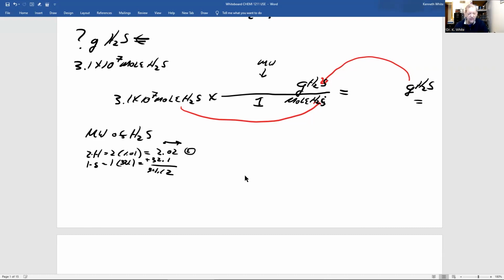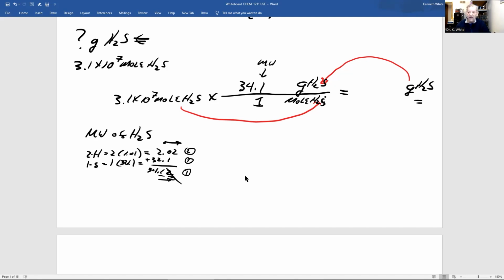This has 2, this has 1. So now I have to round this number off to one significant figure to the right of the decimal. Keep the 1, use the 2 to round off. That's 4 or less. Therefore, this is 34.1.